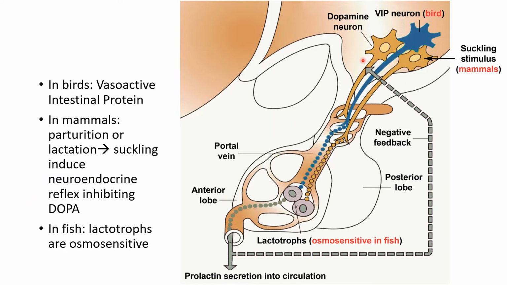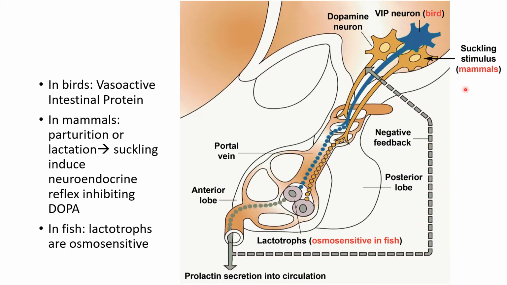If you inhibit dopamine, and as previously mentioned, in mammals prolactin is continuously released at baseline level, prolactin will be continuously secreted. In fish, the lactotrophs are osmosensitive, so changes in osmotic pressure in the body of the fish would increase the secretion of prolactin.